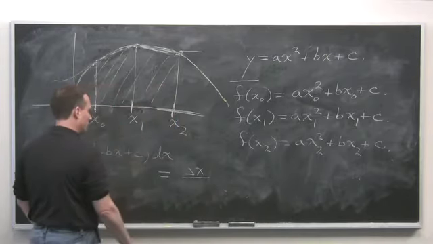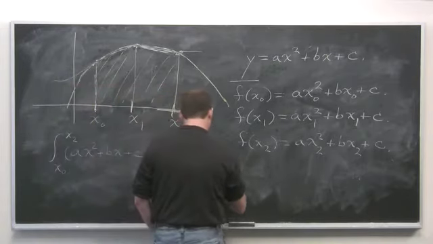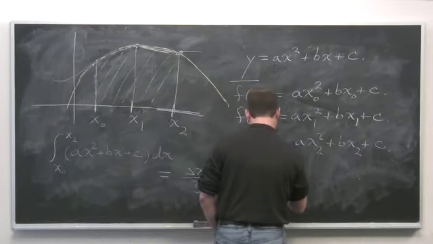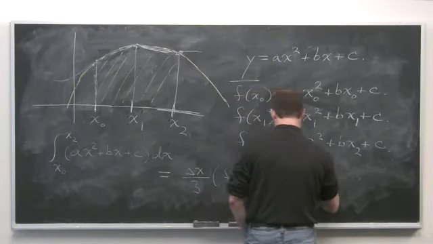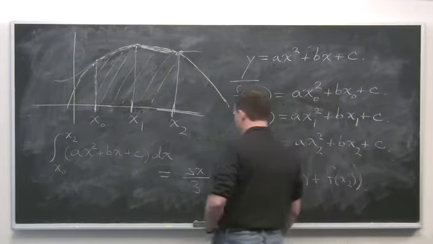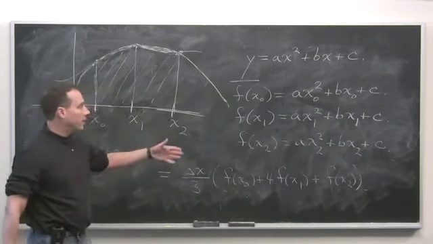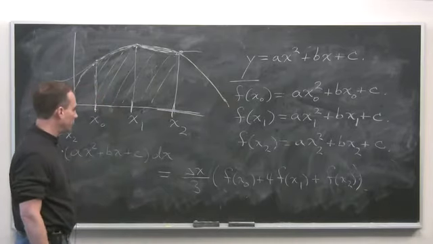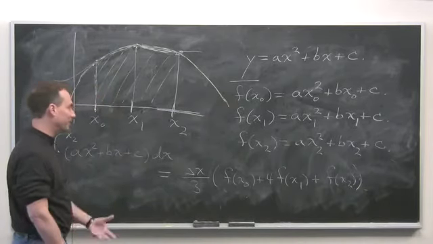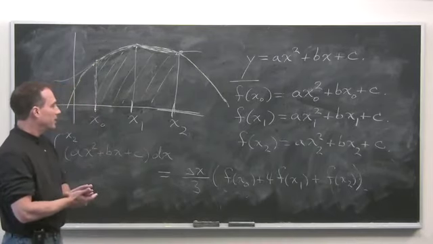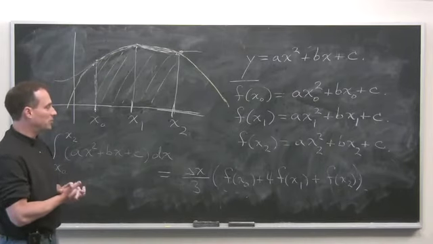The delta x hasn't changed. You get delta x over 3 times f of x naught plus 4 times f of x1 plus f of x2. It's kind of miraculous that it comes out to be this simple. The intermediate calculations, determining a, b, and c, and then applying the integration, are actually fairly ugly. And yet you get this very nice formula: delta x over 3 times f of x naught plus 4 times f of x1 plus f of x2.